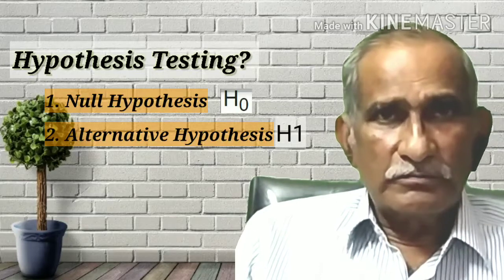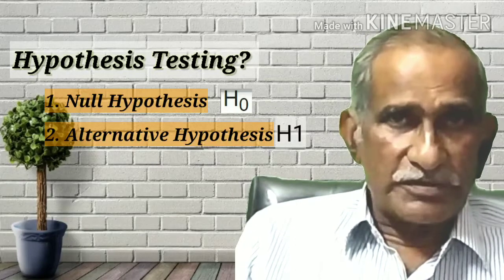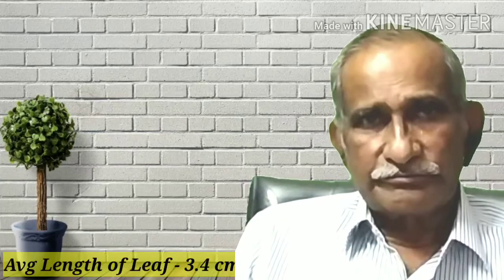I would give you some examples. Suppose that some botanist thinks that the average length of a leaf on a particular tree is, say, 3.4 centimeter.